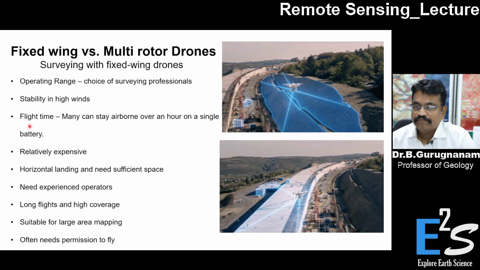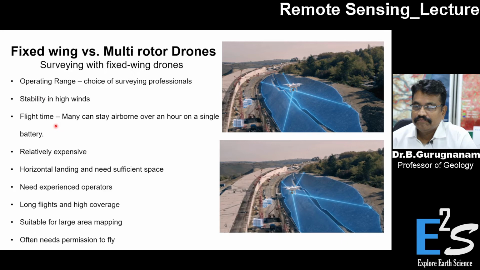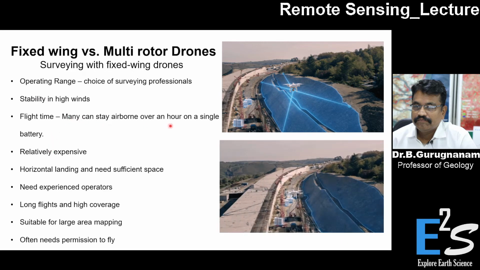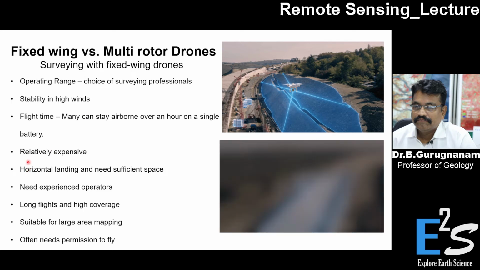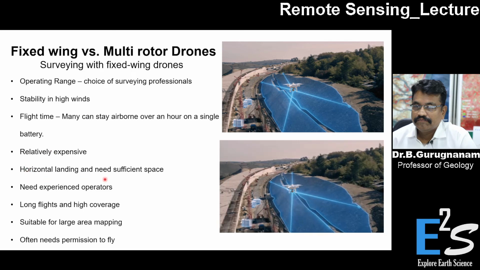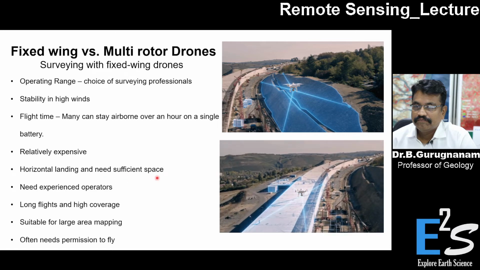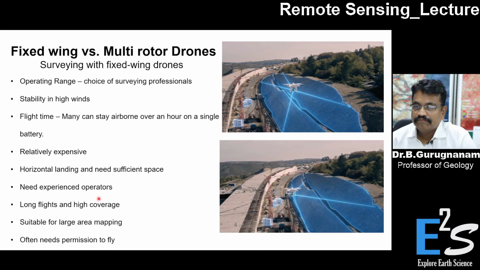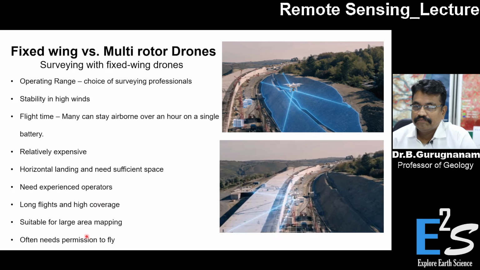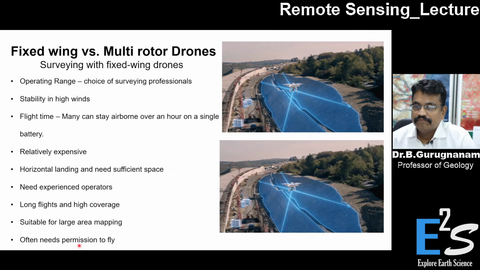Flight time is normally about 32 minutes, and many can stay airborne over an hour on a single battery. It is relatively expensive, with horizontal landing needing sufficient space, and it needs an experienced operator. Long flights and high coverage are suitable for larger area mapping. Often permission is needed to fly.